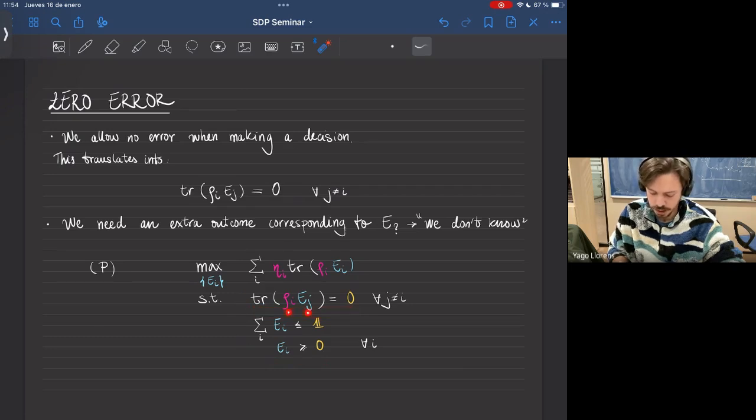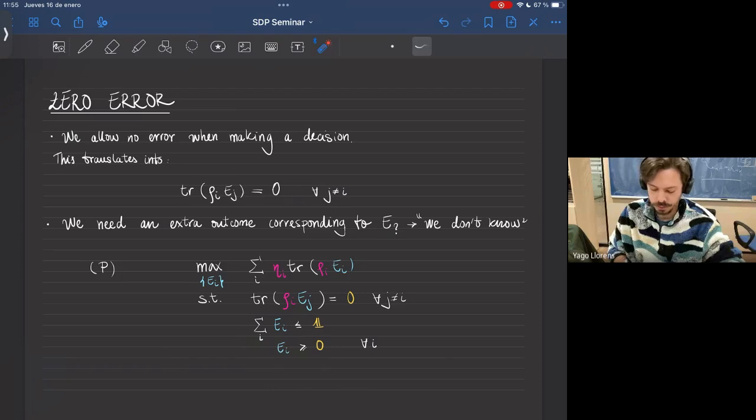Here you can see j and i. So it's impossible to obtain 2 if it was hypothesis number 1. And the sum over i has to be less than or equal to the identity. Why? Because we are adding a new POVM element.